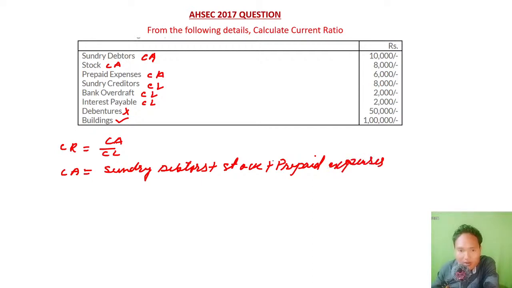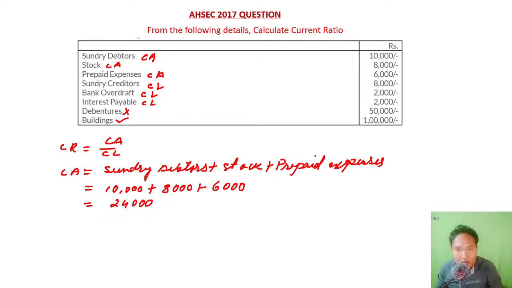So that's all for current assets, and the amounts are: we have 10,000 for sundry debtors, stock 8,000, prepaid 6,000. That's all, only 3 items. Then the total is 24,000.